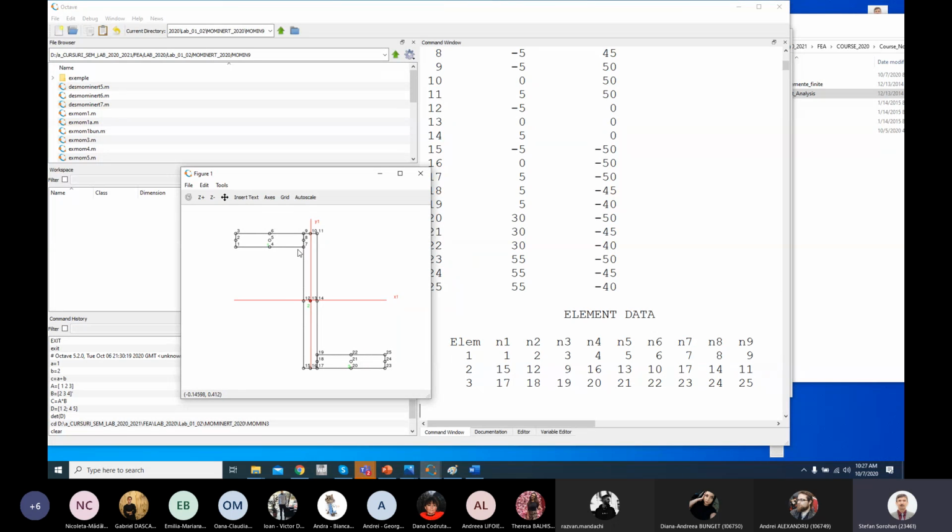The nodes, 1, 2, 3 elements, and as you can see here, the elements are not well connected, but the program works. So node 8 and node 7 are used to define only this element.